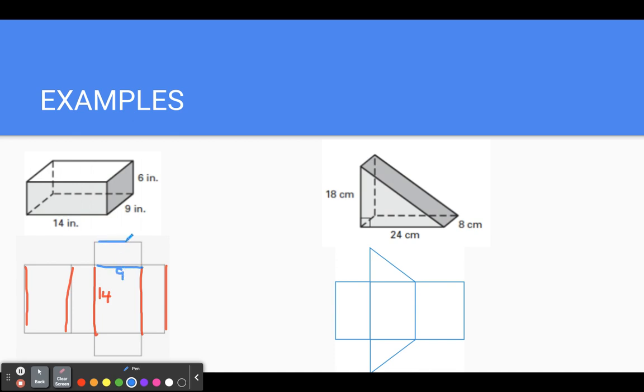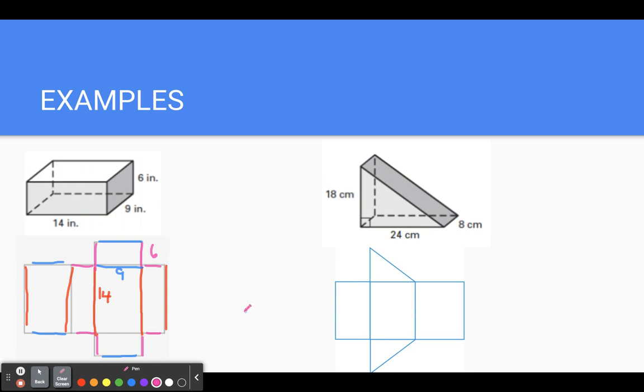So that's a 9, that's a 9, that's a 9, and those two are 9s. And then the remaining ones are going to be that 6. So if I use a different color, this is going to be 6, 6, 6, 6. Those there are 6s as well.